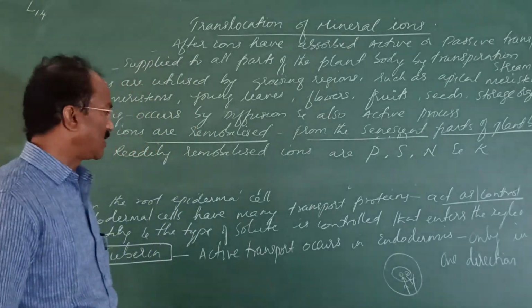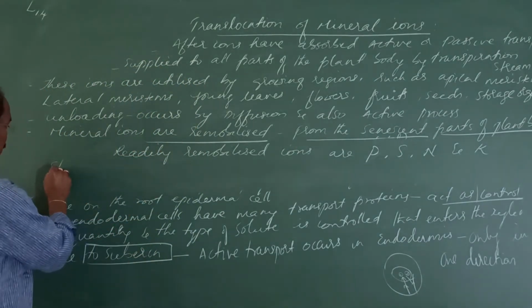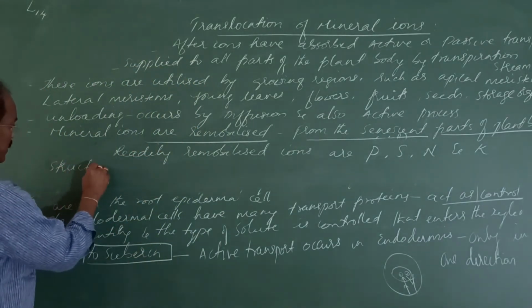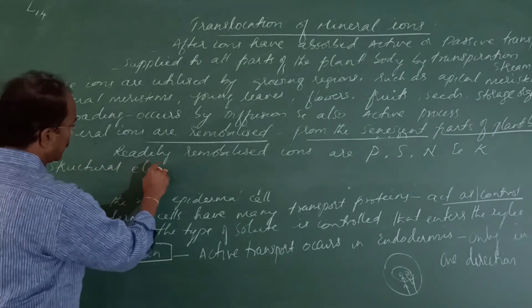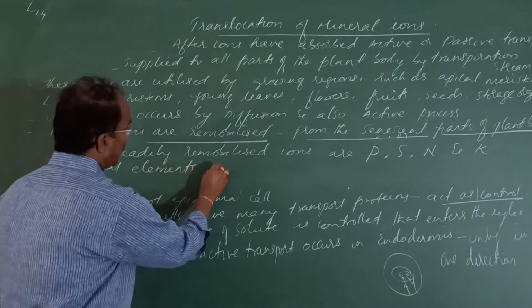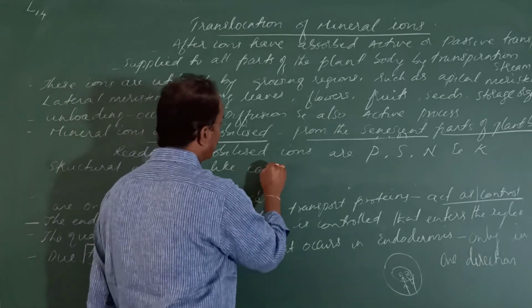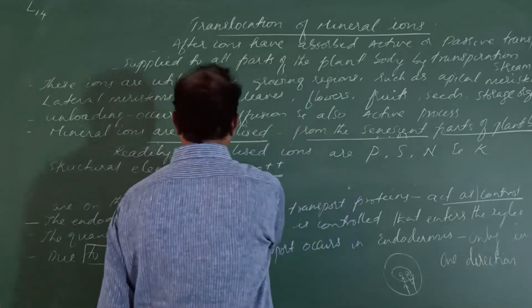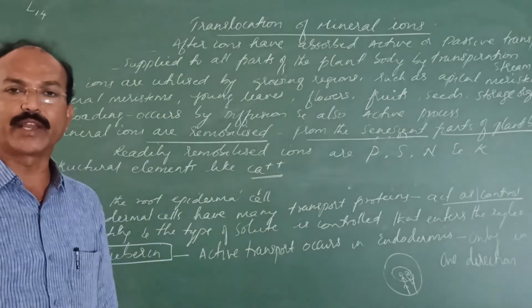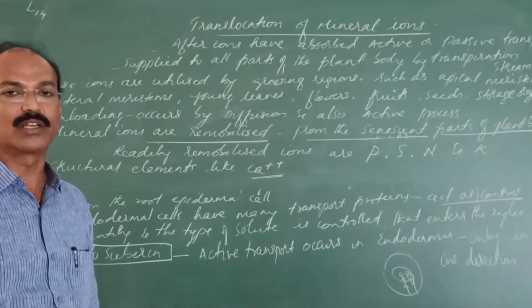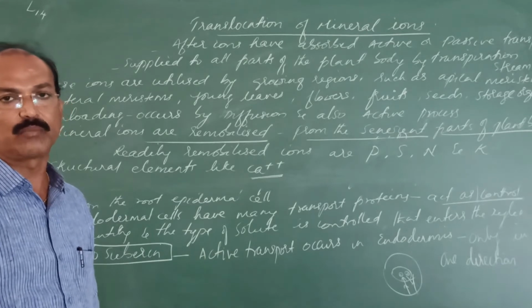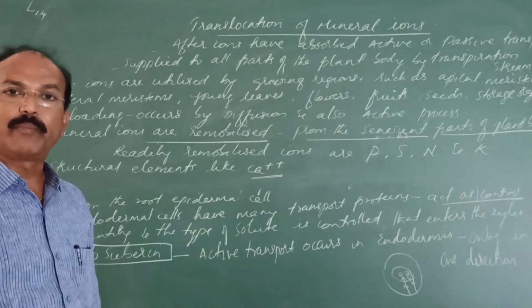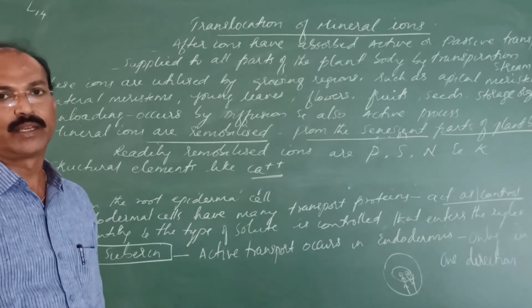And some of the elements, very important for NEET or for CET, they will ask, are structural elements like calcium. Many a times it came. So structural element means what? It is required for the formation of structures like the cell wall within the plant body. Calcium pectate, isn't it?